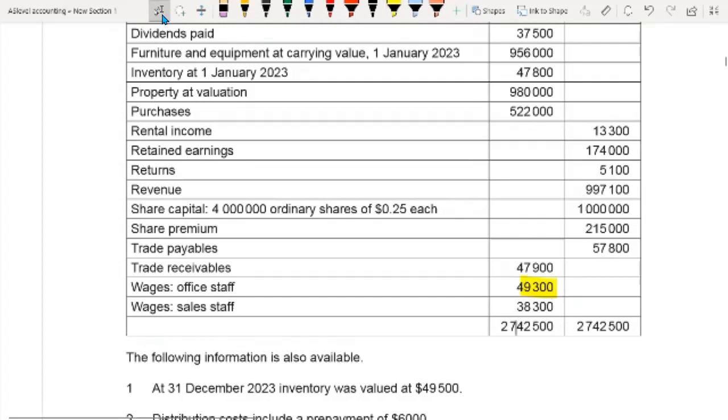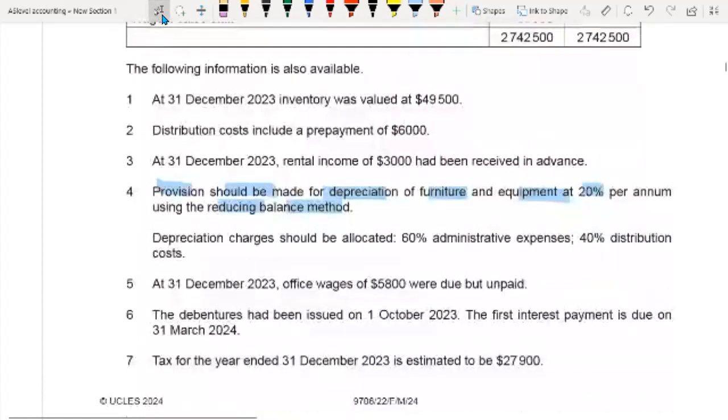But there is an adjustment here for the office staff wages: at 31st December 2023, office wages 5,800 were due but unpaid. So this is unpaid, which means we have to add this to the trial balance wages. And we have the depreciation again. So this would be the administrative expenses.